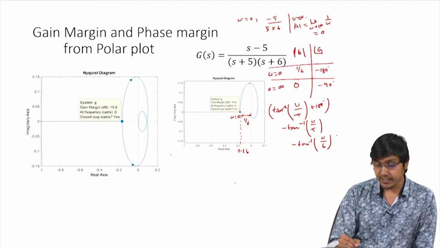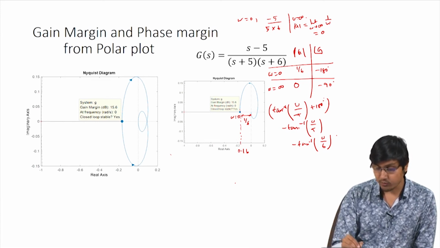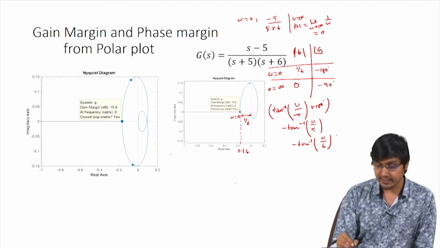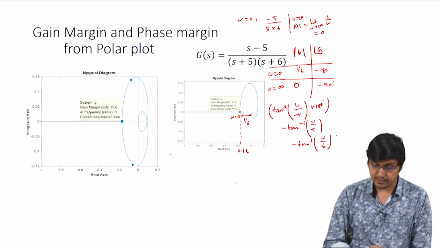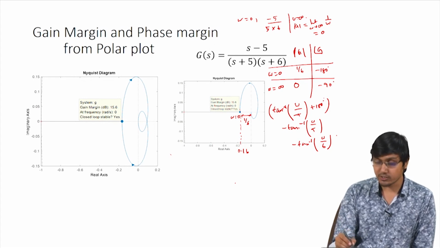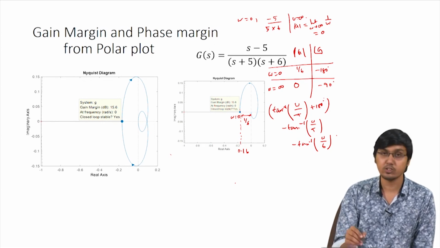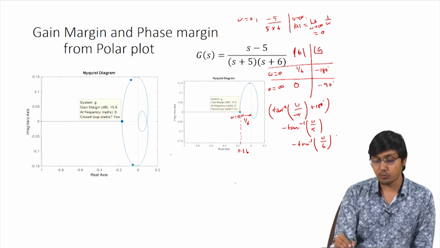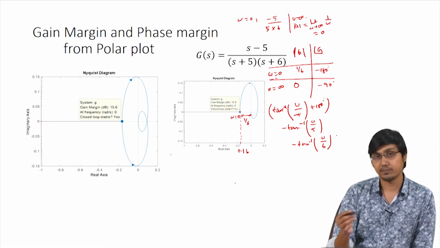Then as omega increases, the angle also increases from minus 180 degrees to minus 90 degrees, and the magnitude keeps decreasing. Here it is a little more interesting, because you have a 0 and 2 poles, so you need more points, middle values of omega.